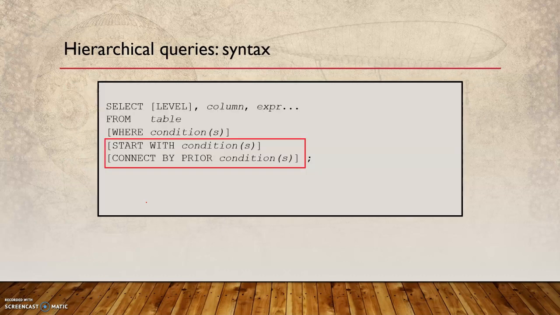If you look at the syntax, SELECT star FROM table, and whatever is given in the rectangular box is important: the condition CONNECT BY PRIOR. That determines the direction, whether you want top-down or bottom-up, so PRIOR plays a critical role.